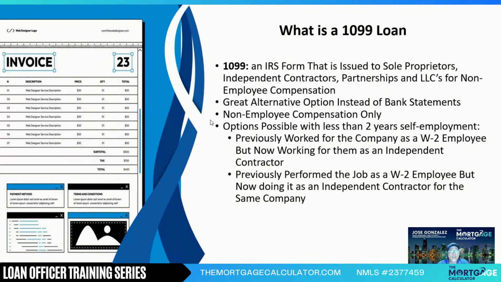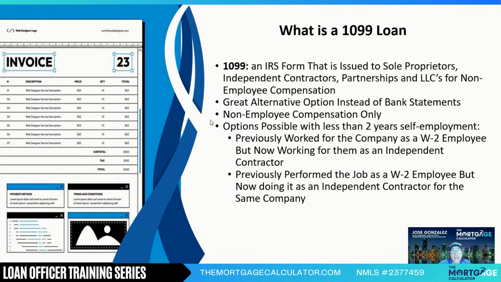Now, one thing to note for 1099s, now, for self employed borrowers, we always state that we need 2 years self employment in some cases, to verify that they've been in business for 2 years. However, with our 1099 options, we have options that are possible with less than 2 years of self employment. Now, how is this so?